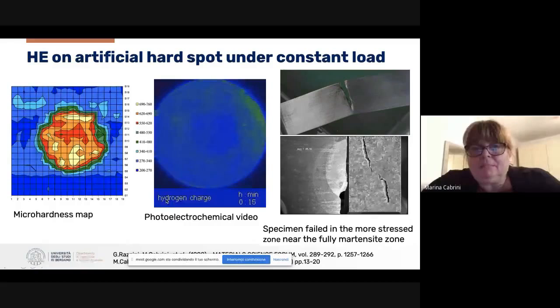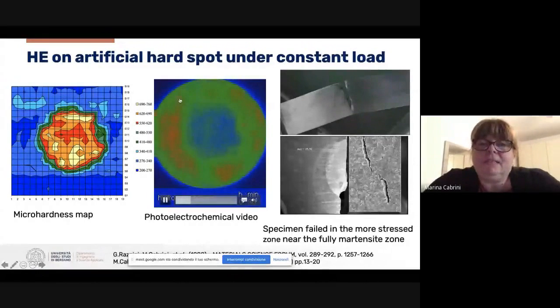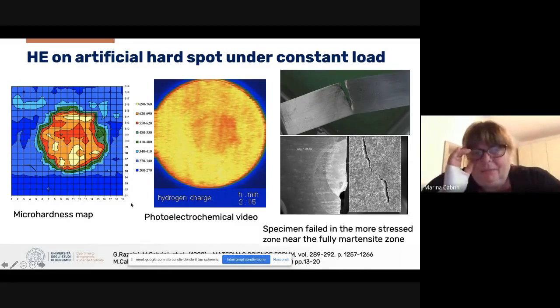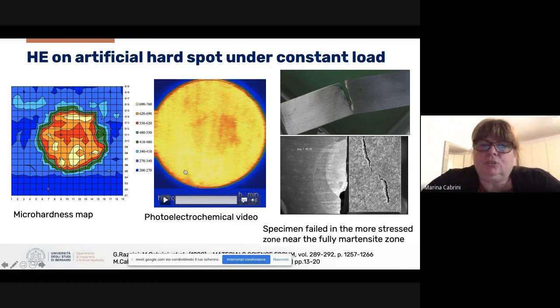The photoelectrochemical response was changed into false color, and we can observe that hydrogen increased in the external zone rather than the artificial spot, because inside the artificial spot there are many traps that trap the hydrogen in the first time of permeation, and we can observe that there is an increase of hydrogen solubility in high energy traps, in which it is not possible for hydrogen to exit in the first time, in this case 3 hours of hydrogen charging, that we can think is responsible for the delayed fracture of the hard spot.